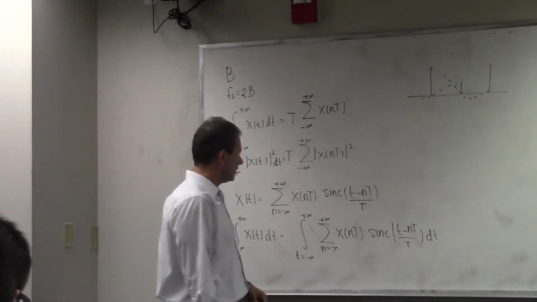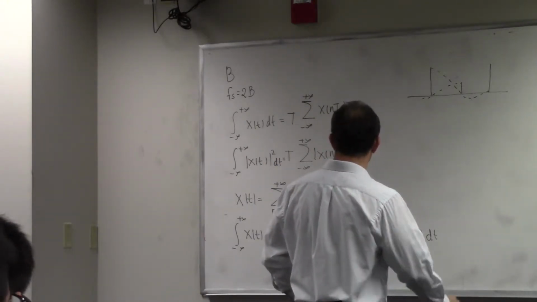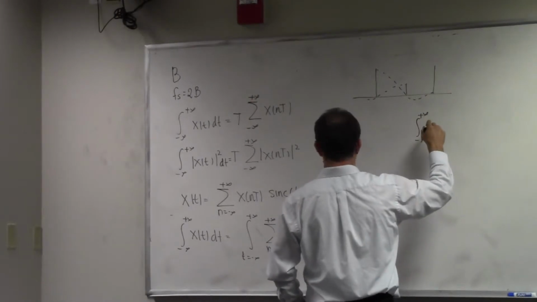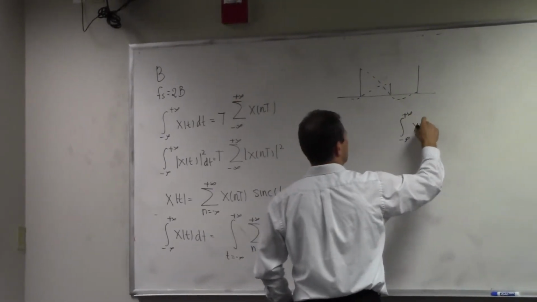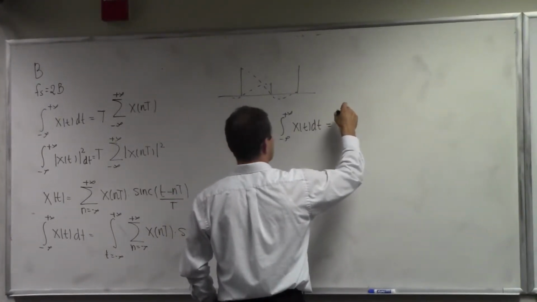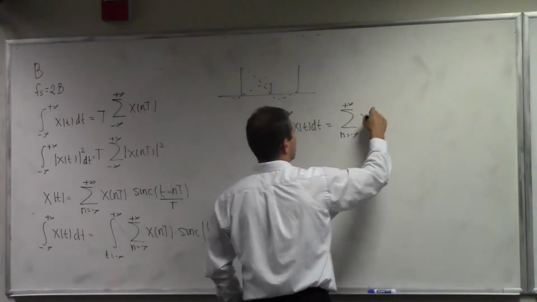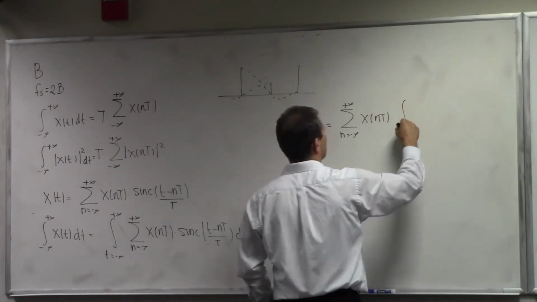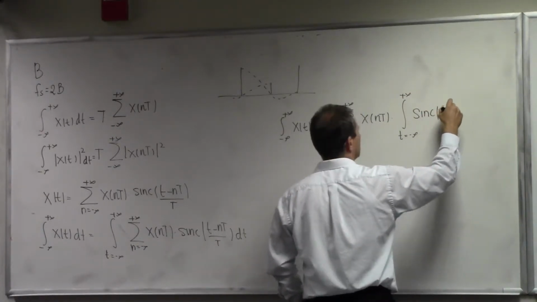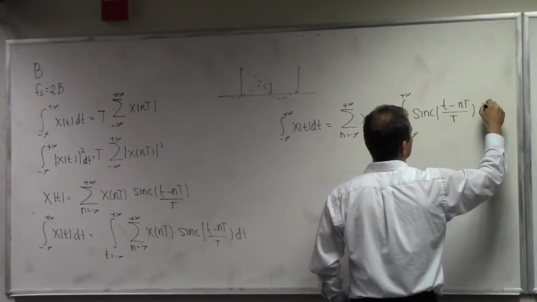And now, if you change the order of the summation and integral, the integral from minus infinity to plus infinity of x of t dt is going to be equal to the sum, n from minus infinity to plus infinity, of x of nT, and then the integral when t goes from minus infinity to plus infinity of sinc of (t minus nT) over T dt.